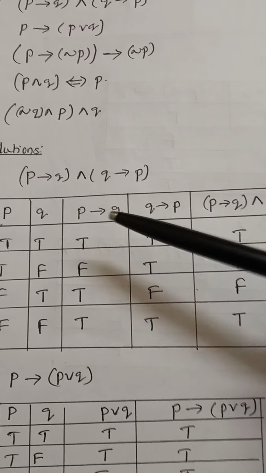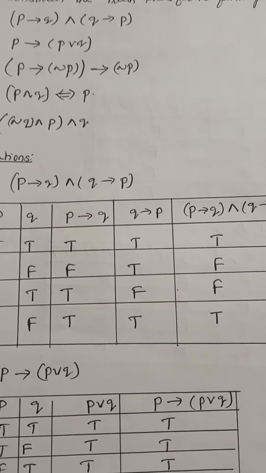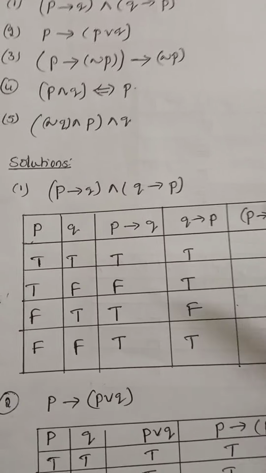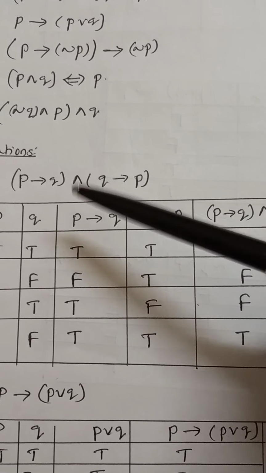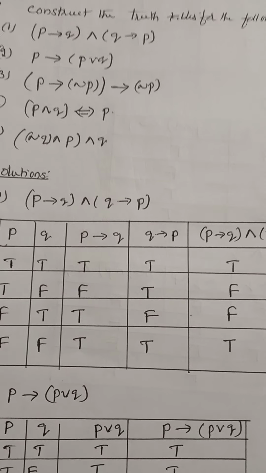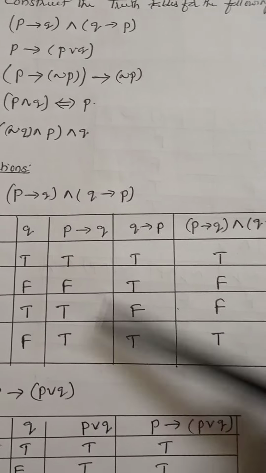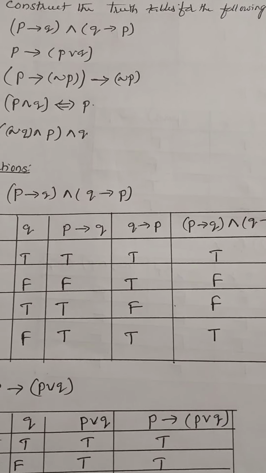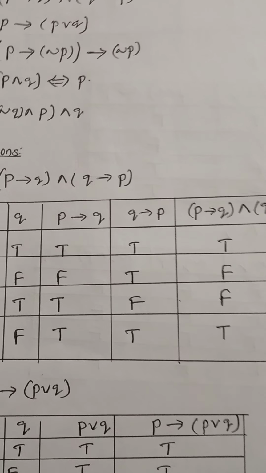Now here we got P arrow Q and Q arrow P. Now what we have to find out is their conjunction. This column and this column. That means AND.